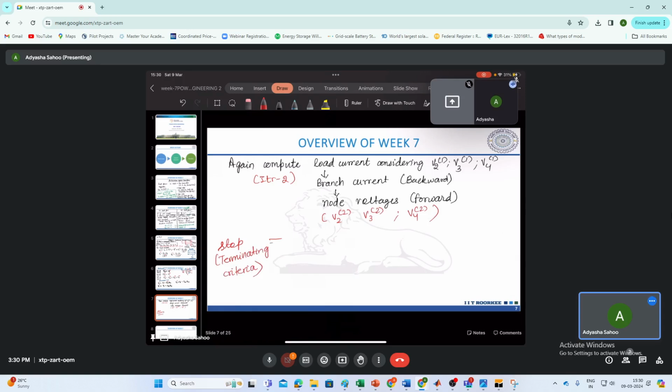So for that, you will compute the absolute difference, basically absolute of V2, let's say you are in the ith iteration, minus V2 in the previous iteration, and similarly for V3 in the ith iteration and in the previous iteration, similarly V4.